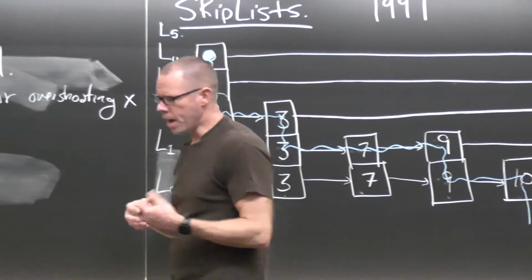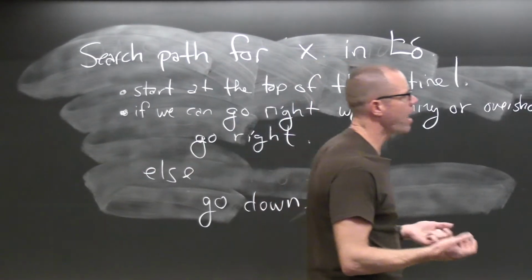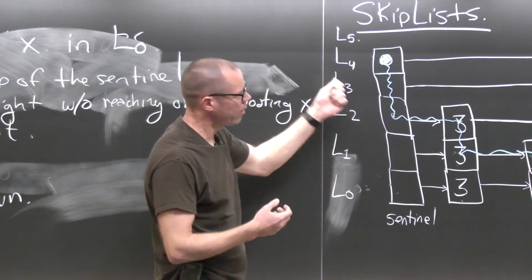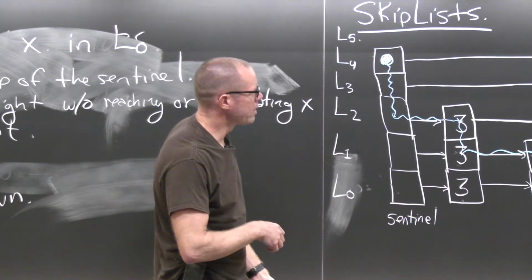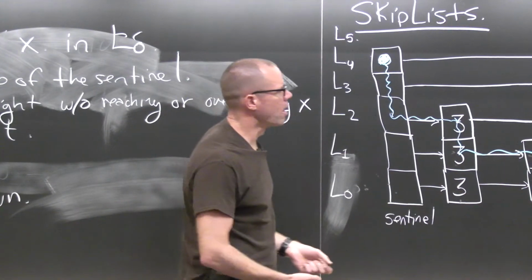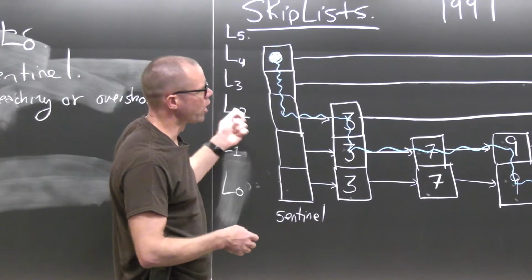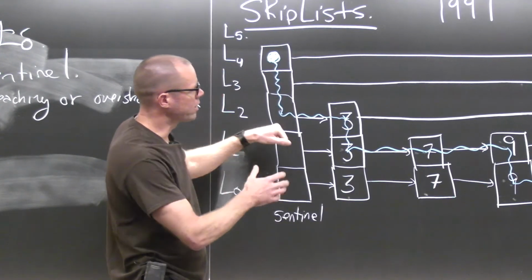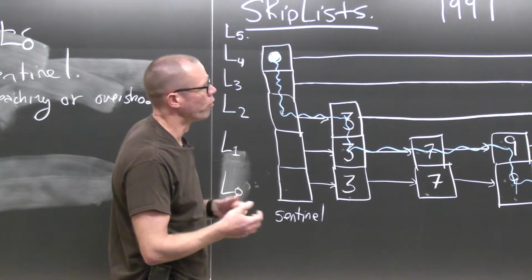But neither of those things are bad in some sense. So a coin toss coming up heads is not bad, and a coin toss coming up tails is not bad for these search paths, because stuff that comes up into these higher lists means we get a chance to make bigger jumps sometimes in our searches, and stuff that stops appearing in these lists are things that we get to jump over.